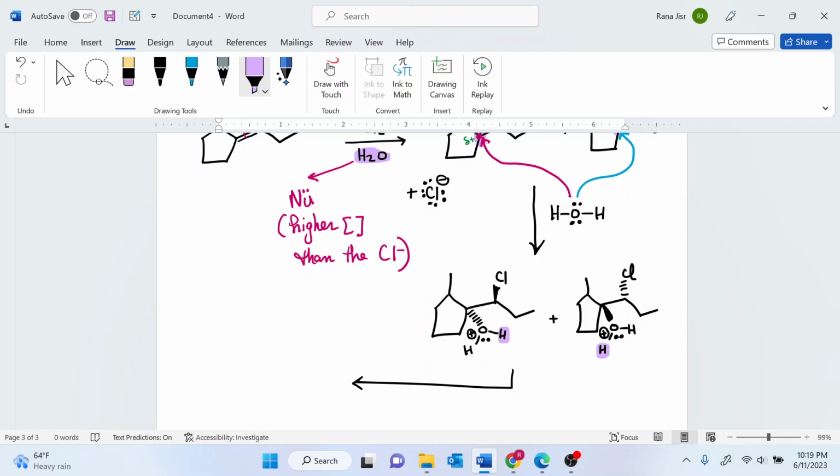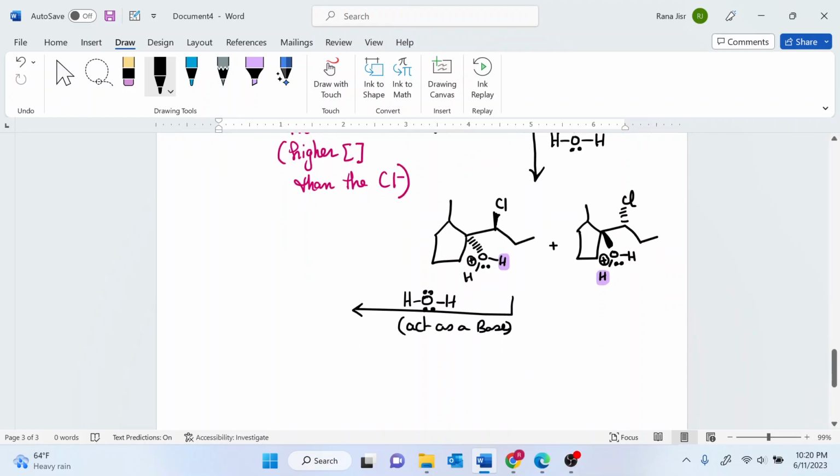This is the rule. So I need to use any base in the solution, any base, to pick that extra hydrogen in there. I can use water again. So water here is going to act as a base. Just for simplicity, you can go ahead and do base with two lone pairs in there, and that base, which is the water, is the oxygen in there.